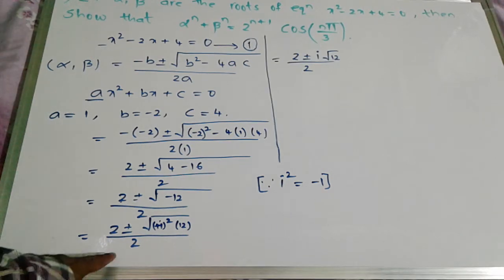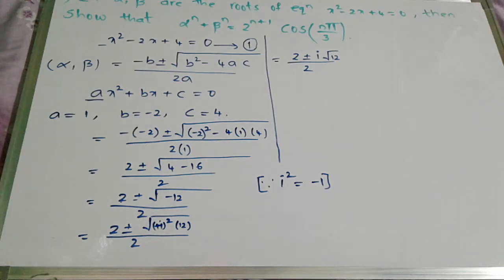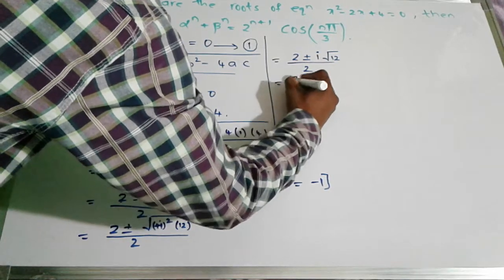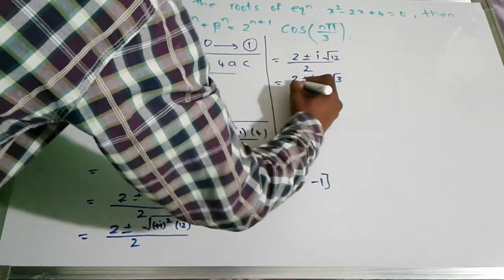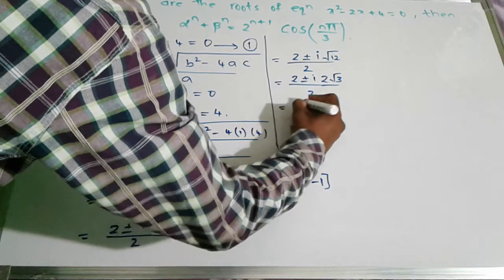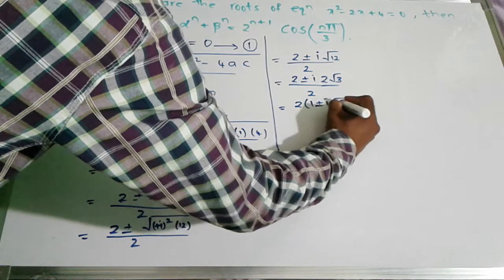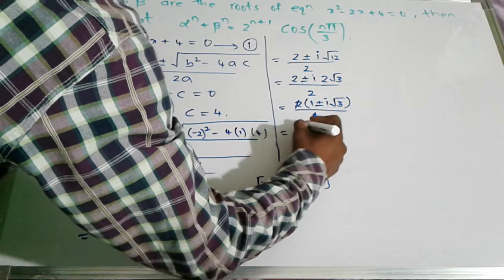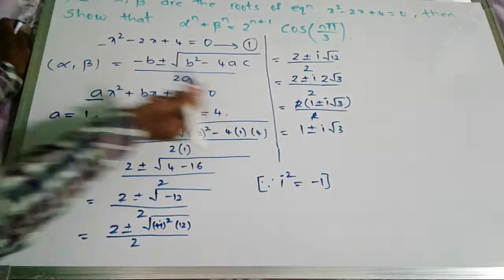Okay guys, after solving this step, we get 2 plus or minus i under root 12 by 2. Here root 12 can be written as 2 plus or minus i 2 root 3 by 2. I am taking 2 common. So 2 of 1 plus or minus i root 3 by 2. Here 2 gets cancelled. Finally we get 1 plus or minus i root 3.